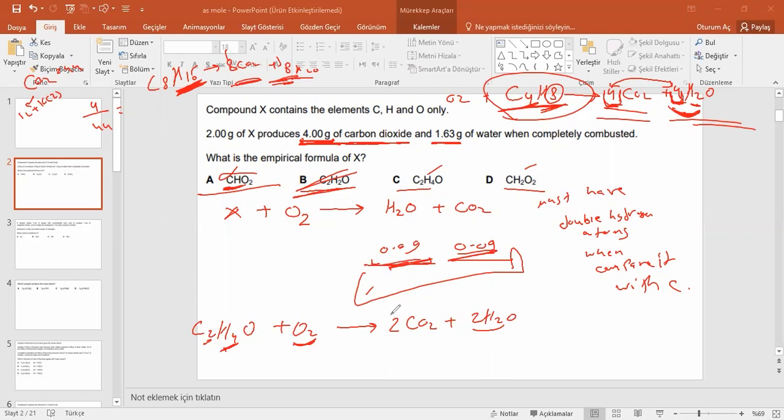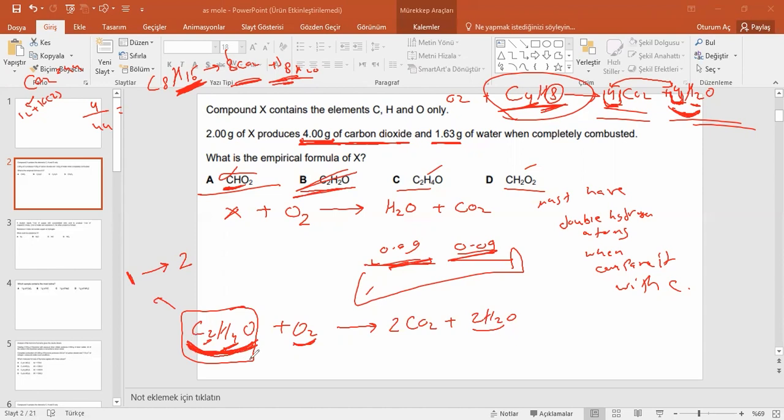Look, guys, if I burn 1 mole of this, we will get 2 moles of CO2, right? How many moles of this did we burn, actually, in reality?